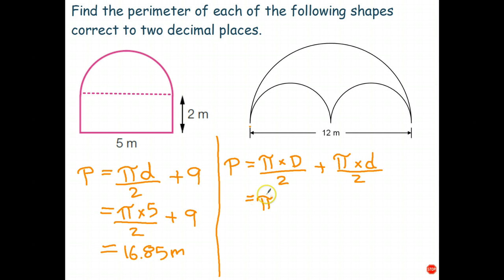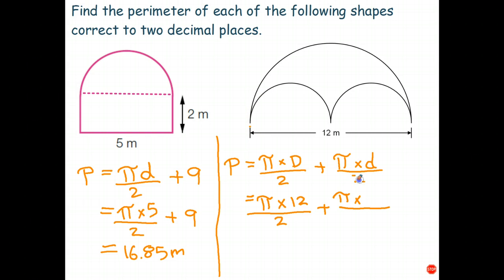So stick with pi because we can put that in using the calculator. Now the big diameter is 12. And it's only a half circle, so divide 2. Plus pi, whoops, I just made a mistake, so I'm going to fix that up. If I've got a half circle plus a half circle, that gives me a whole circle.